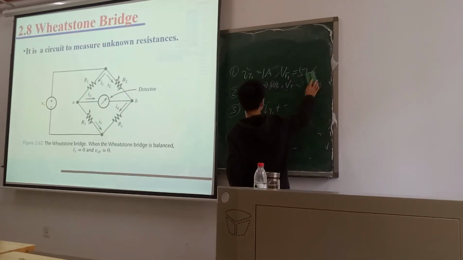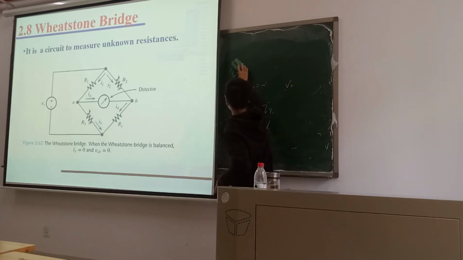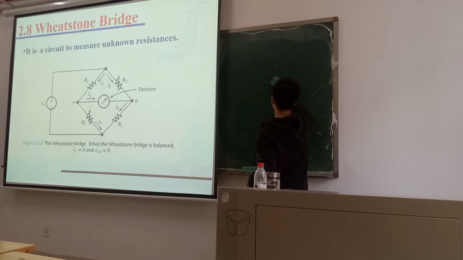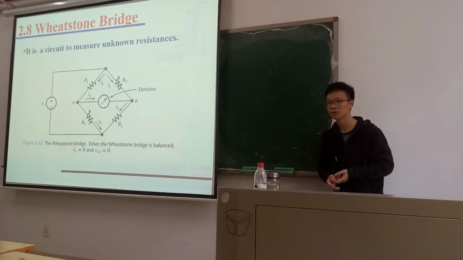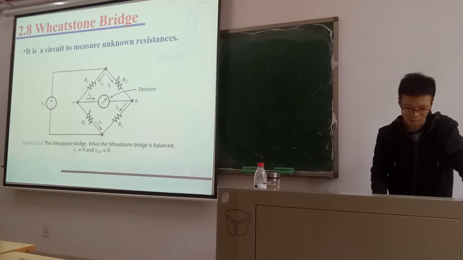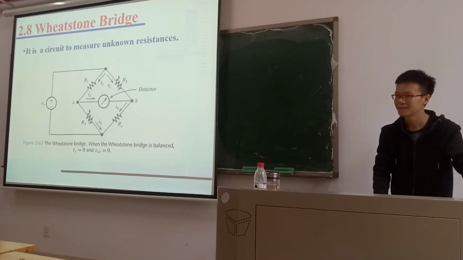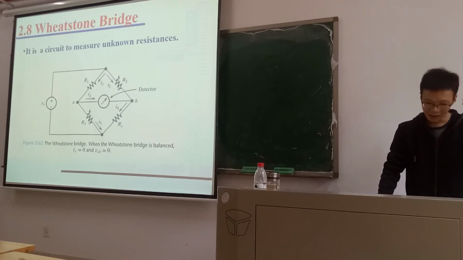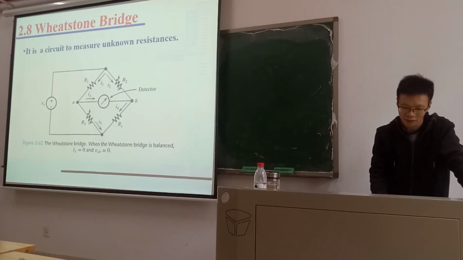And the Wheatstone Bridge is also a small point in this chapter, but I think it may be useful for you because it is usually applied in mechanical engineering. This circuit is used to measure an unknown resistance.